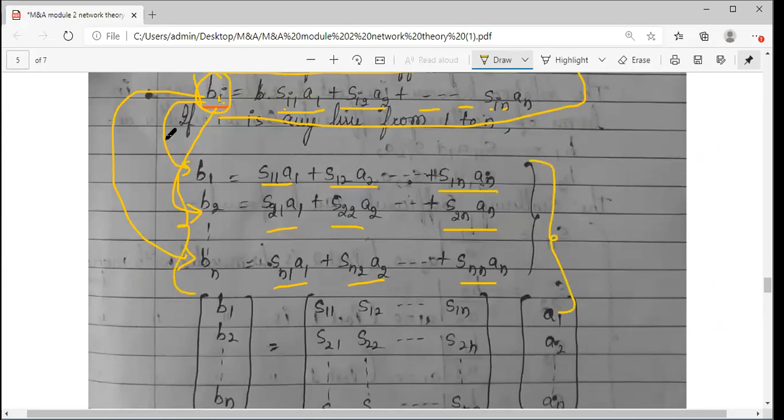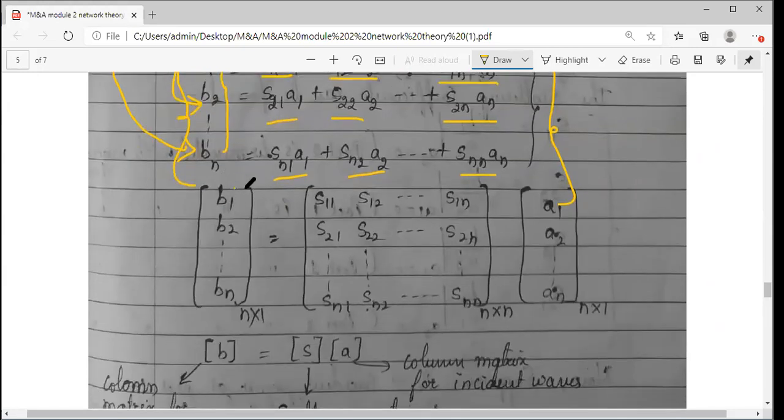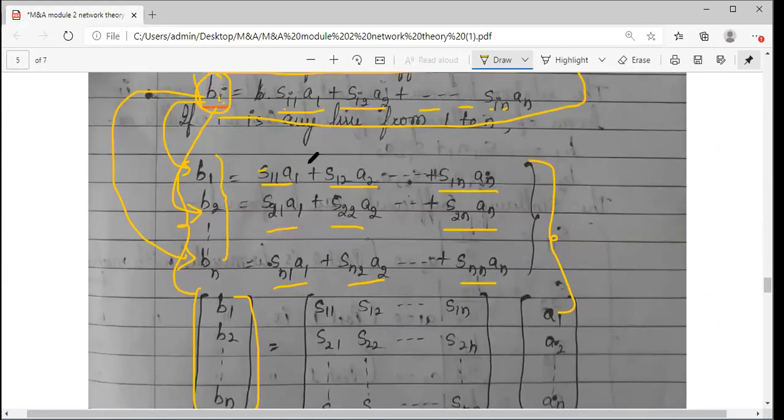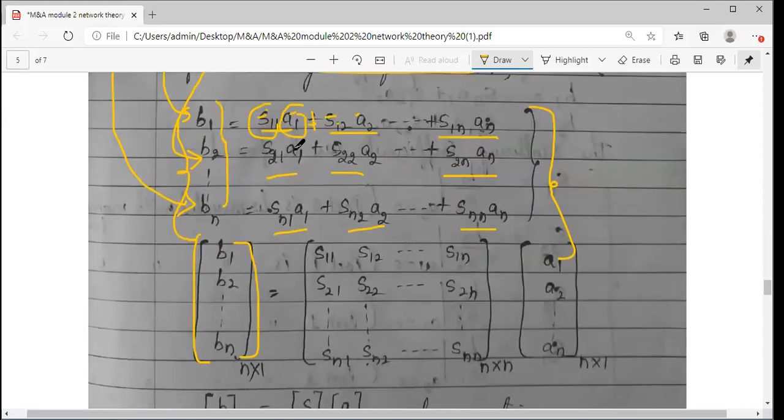How can I represent this in the form of a matrix? See, all B's are on the left hand side. Collectively write them in matrix form. It's a column matrix. You have two elements here. You have a sum here. So when this kind of structure comes, you have a multiplication of two matrices. So split these two terms. One is for S, one is for A. You have A1, A2, A3, so the A's will become a column matrix.